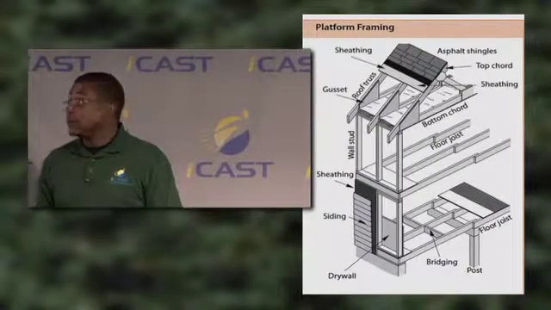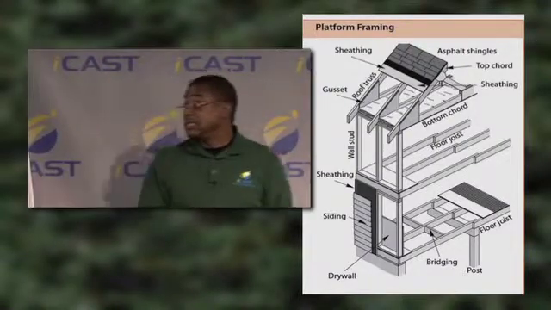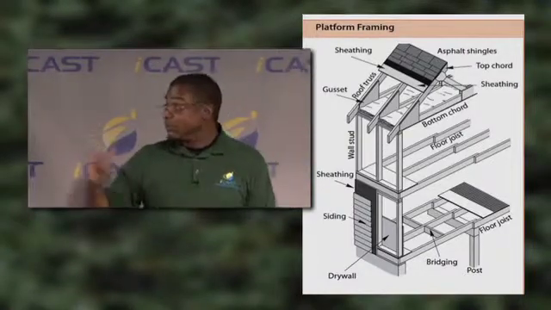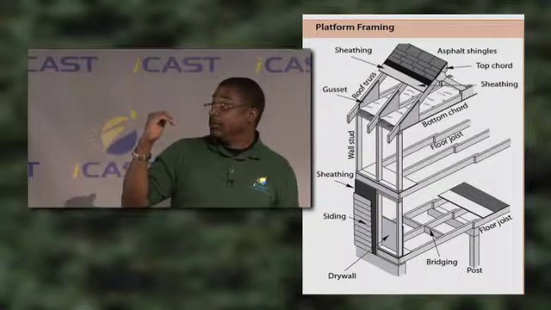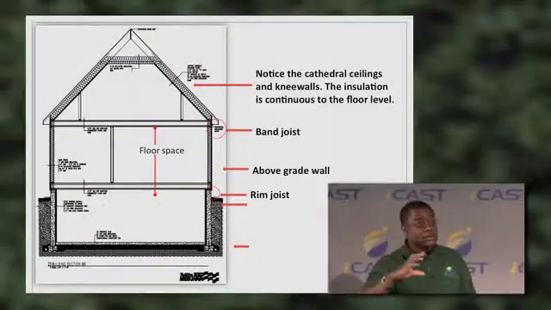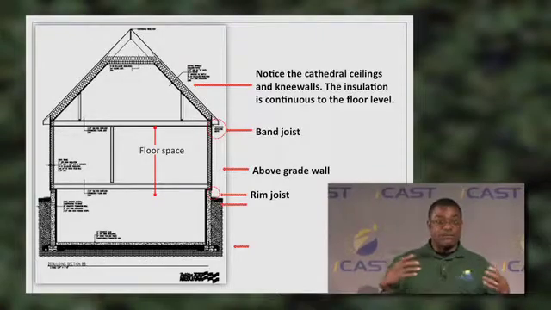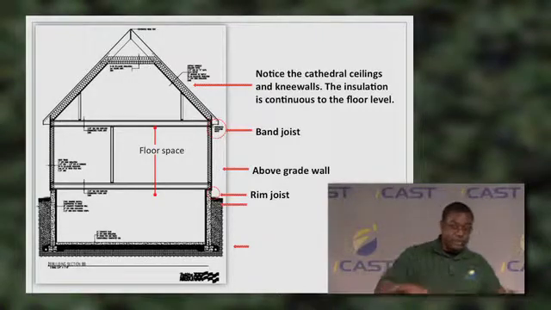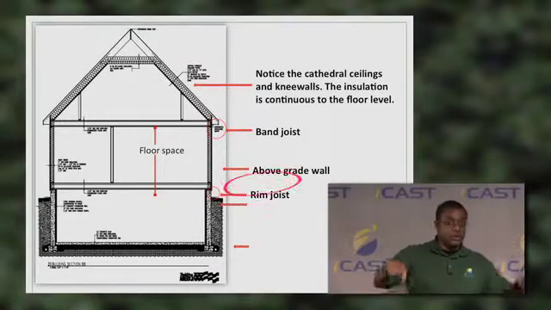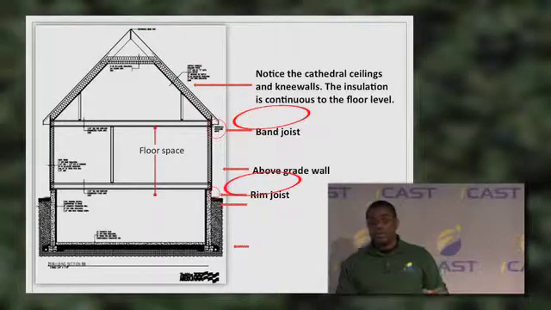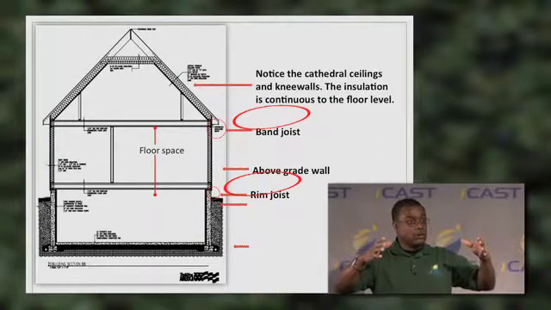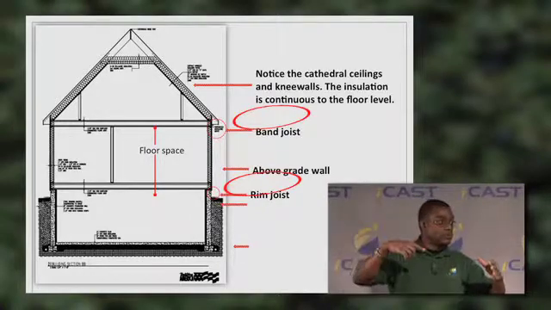Okay? So this is the basic difference, and you can see this in this slide, right? You can see the bottom plate, the top plate, the floor joists, those areas get separated. But the weakness of this platform framing is that framing member that goes around each platform, okay? That's either called a rim joist or a band joist, depending on whether it's at the foundation or up above in between stories, okay?